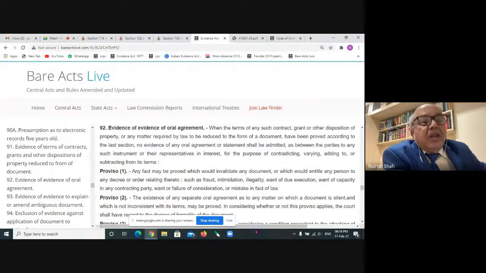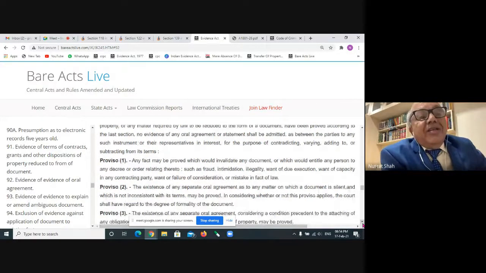So, when there is the original document, a stamped document, you cannot lead oral evidence as between the parties to the instrument or their representatives in interest for the purpose of contradicting, varying, or adding to it. See the proviso. And any fact may be proved which would invalidate any document.